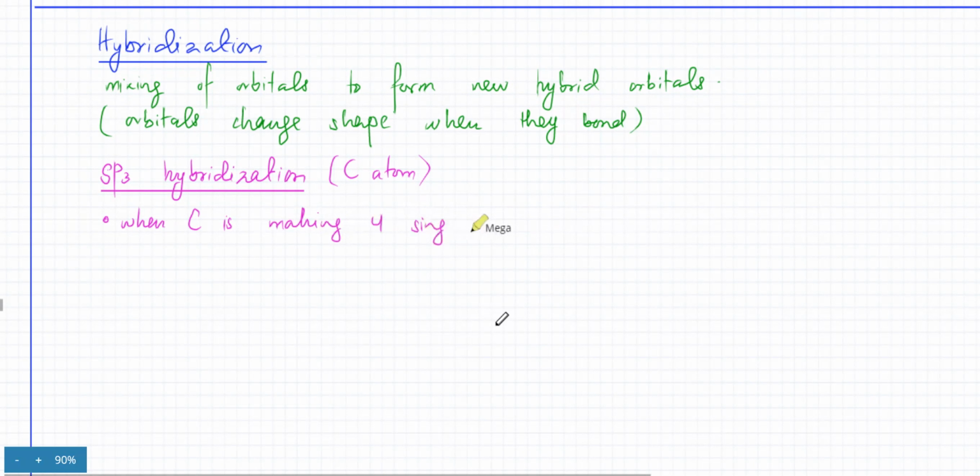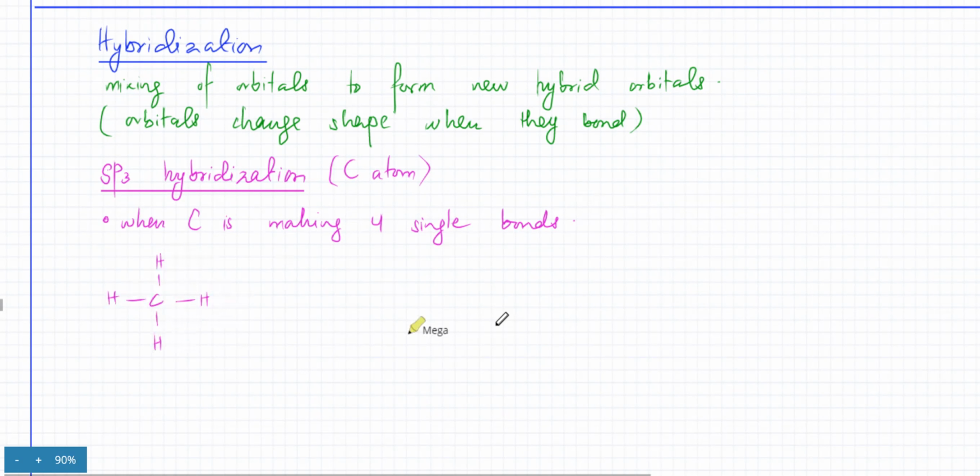That's the proper definition. When carbon is making four single bonds, like in a CH4 molecule, you say that carbon is sp3 hybridized.